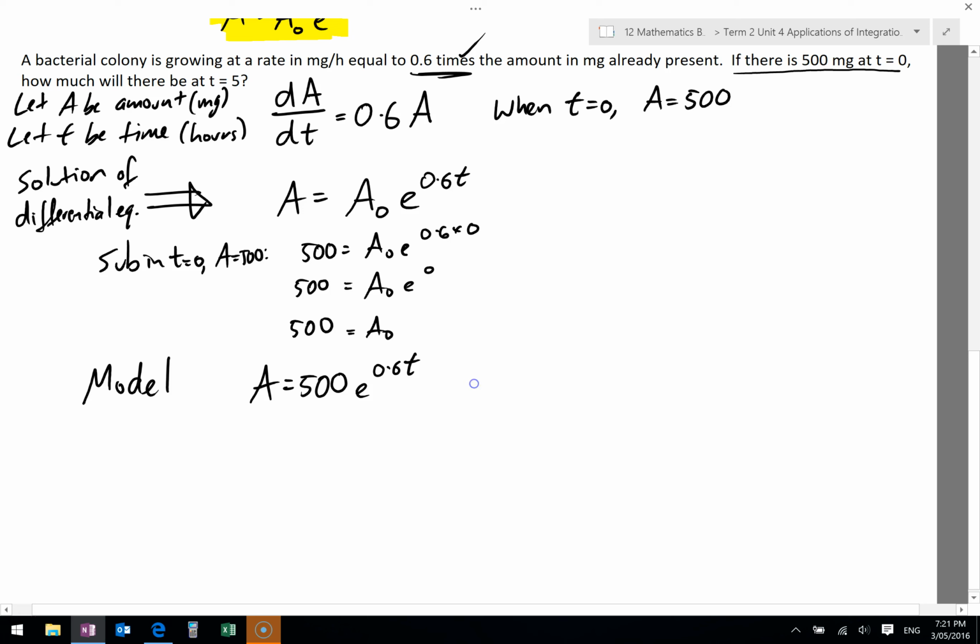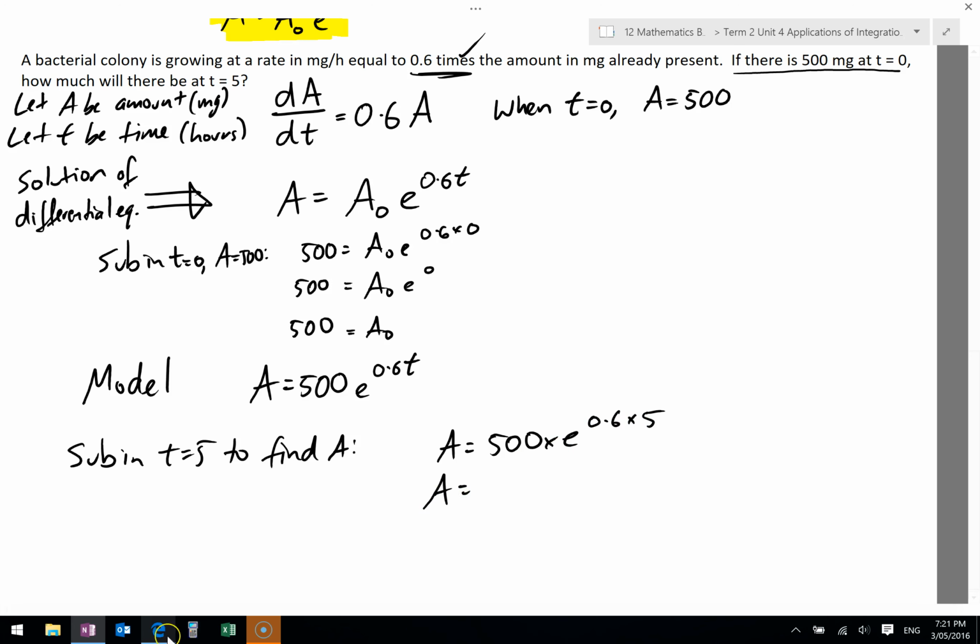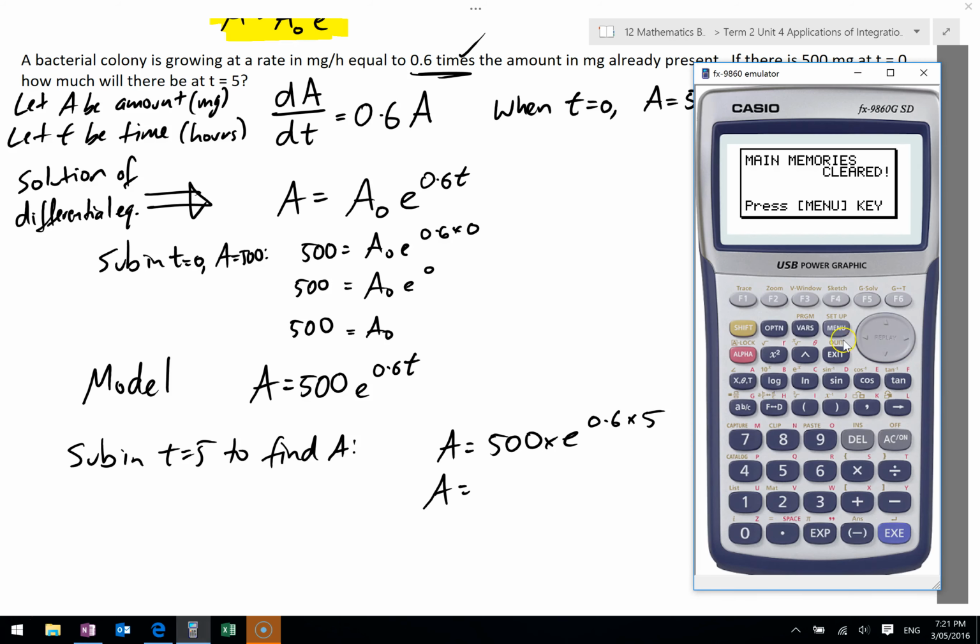Okay, how much will there be at t equals 5? So we'll sub in t equals 5 to find A. A equals 500 times e to the power 0.6 times 5, and this will just be a calculator problem from here.